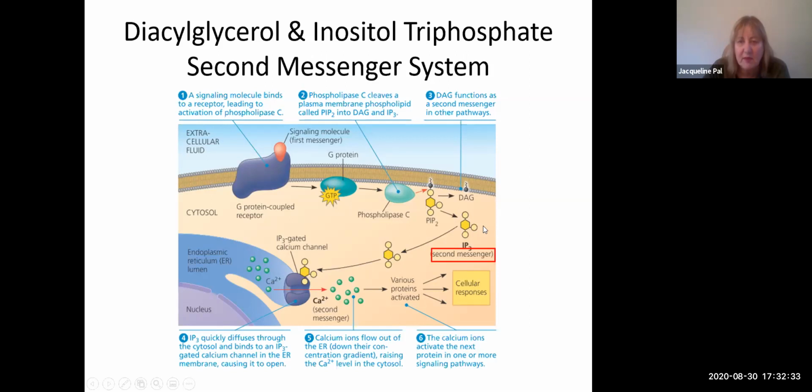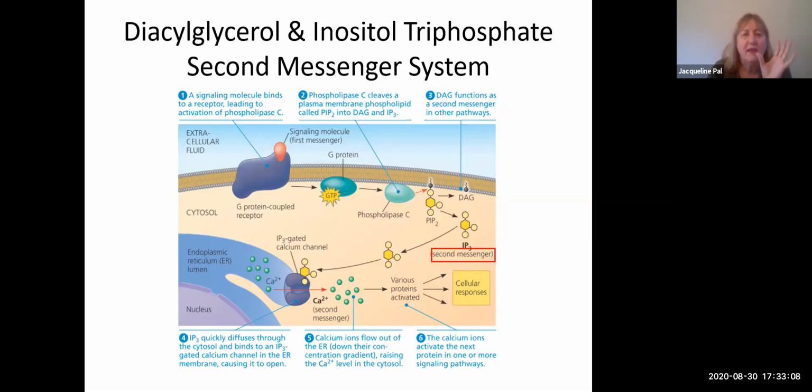The other part becomes IP3, which is acting as a second messenger traveling in the cytosol to the endoplasmic reticulum where there is an IP3 gated calcium channel. When IP3 binds to this, that's going to cause an egress of calcium from the endoplasmic reticulum into the cytoplasm, where then it can act as a second messenger, activating various proteins and causing cellular responses.